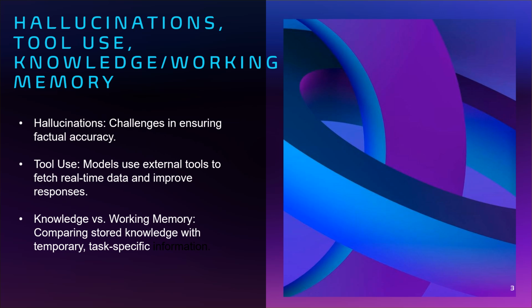The second key point here is tool use. Models use external tools to fetch real-time data and improve responses. And also the last, knowledge versus working memory. Compare stored knowledge with temporary task specific memory.